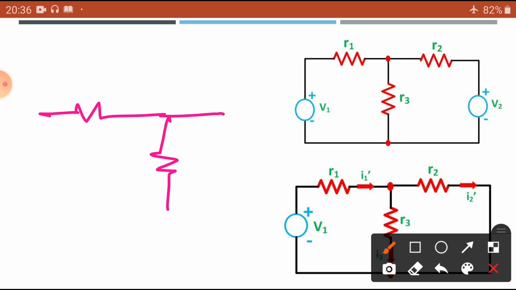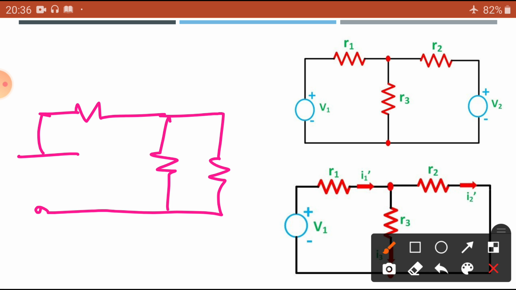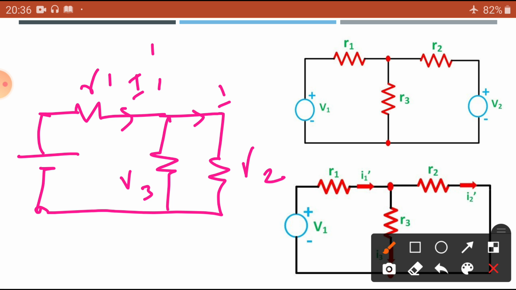This is just a simplified circuit. This is equal to R1, this is equal to R2, this is equal to R3. We take this I1 dash, this is I2 dash, this is I3 dash. This is the node.